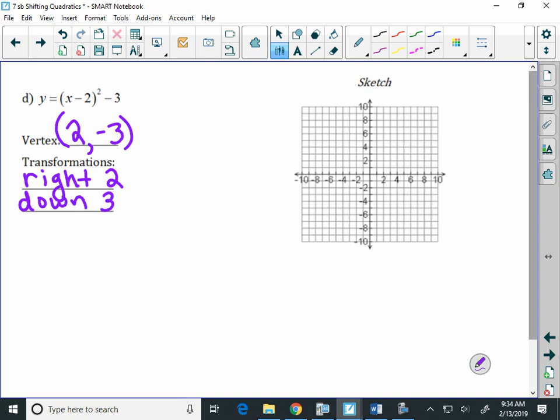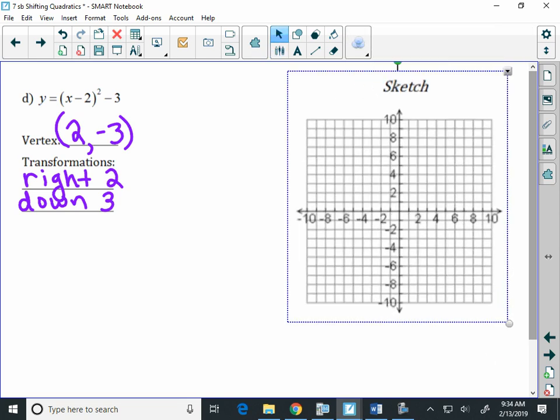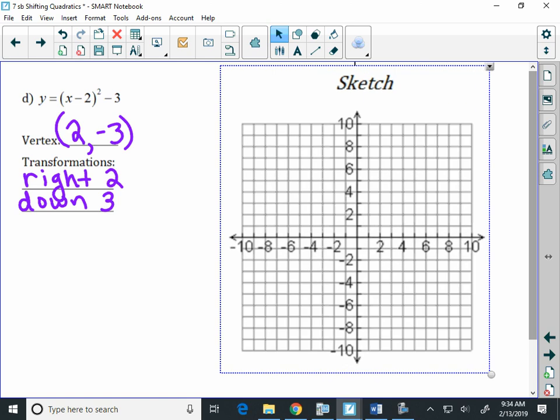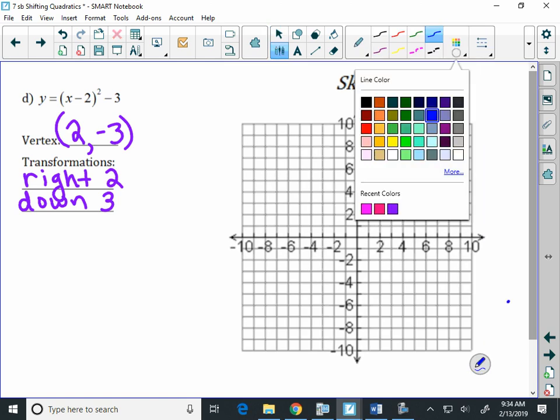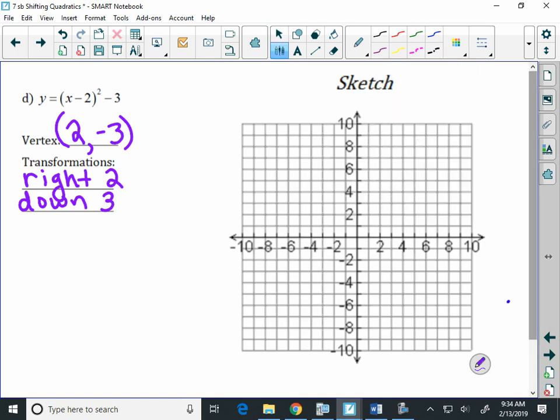Once we identify those facts, then we're going to put this on our graph. It is right 2, down 3. There's our vertex, that's our turning point.